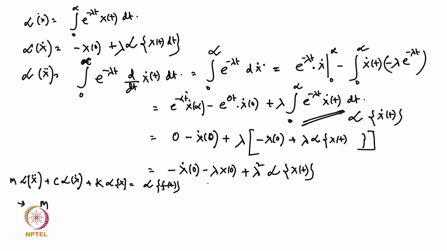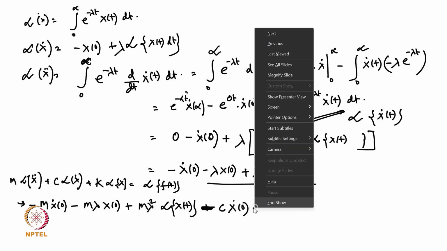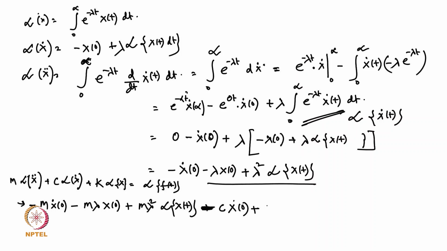M times this one, so minus m x dot 0 minus m lambda x0 plus m lambda square Laplace of x of t, plus c, actually it should be minus c x0 plus c lambda into the Laplace of x of t, plus k into the Laplace of x of t, equal to the Laplace of f of t.